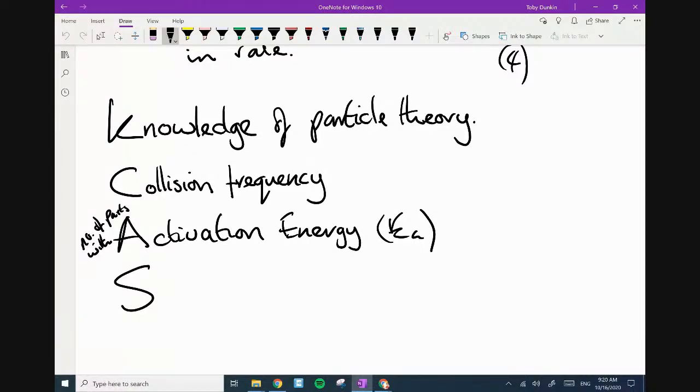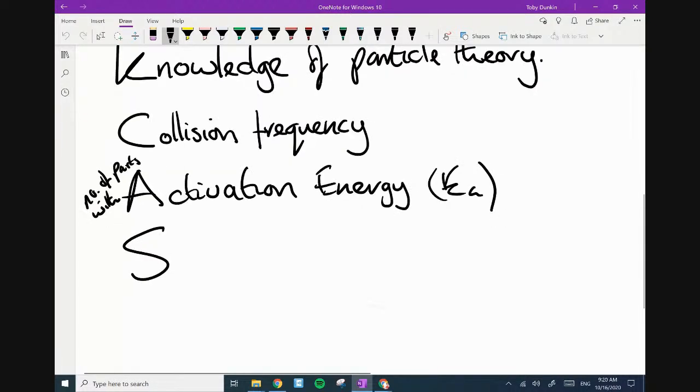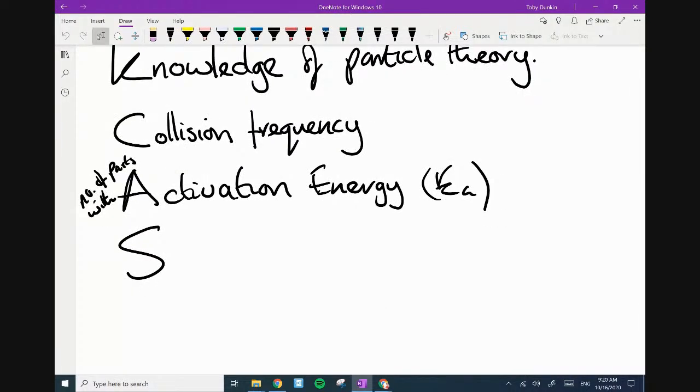Because you go knowledge, collisions, activation energy, and the next one is the number of successful collisions. I know that it requires a translation, but KCAS is easy to remember, and your brains are pretty good at being able to fill in the gaps. You remember these key words, and all of a sudden, boom, the rest of it's there. It's really cool, that. So this is the number of successful collisions.